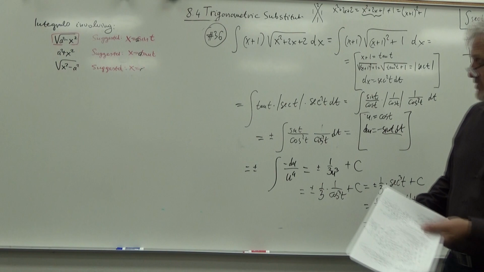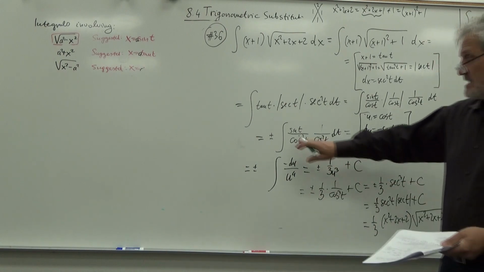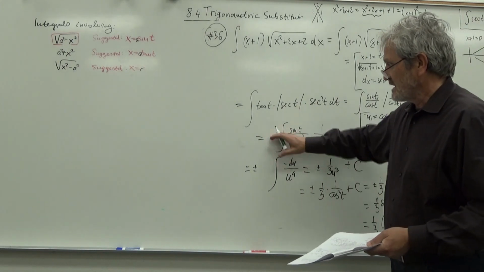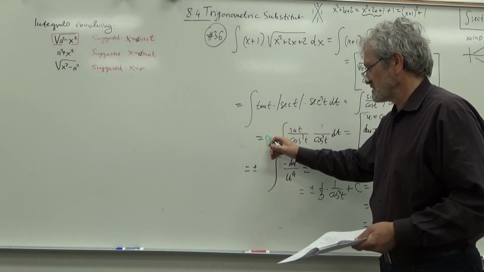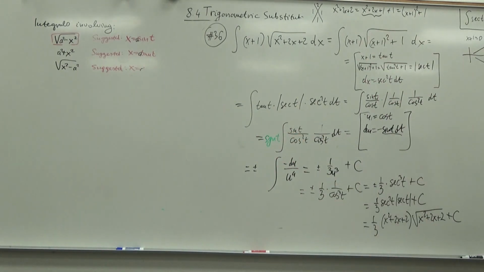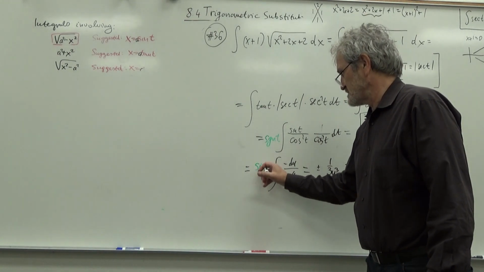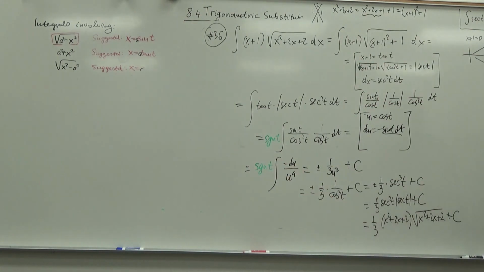The proper way to write this is: if t is positive I'll take plus, if t is negative I'll take minus. That's called signum of t. Signum of t is 1 if t is positive, negative 1 if t is negative, and that's a standard mathematical function. I think you saw it earlier. So this would now be a nice writing: signum of t times this, and then signum of t gets absorbed into the absolute value, and that's it.